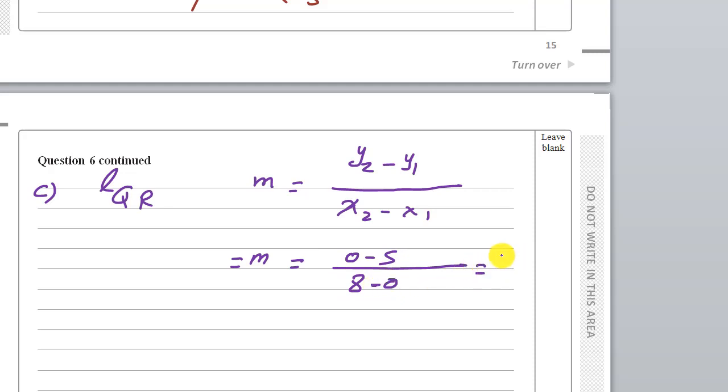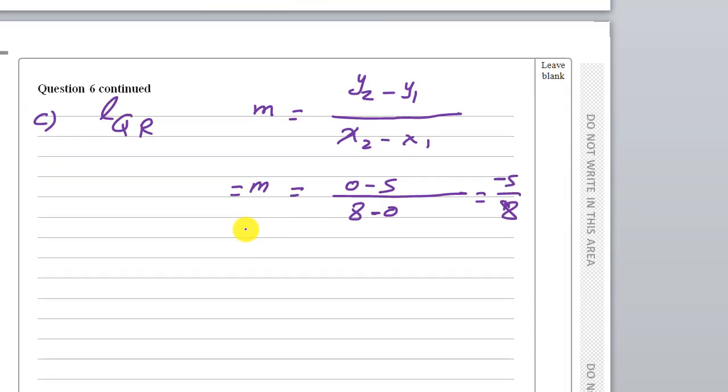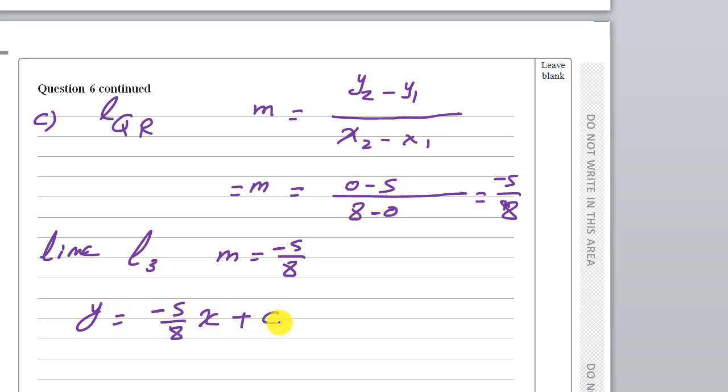So it's equal to minus 5 divided by 8. So for line L3, m is equal to minus 5 over 8. So now y is equal to minus 5 over 8 x plus c.